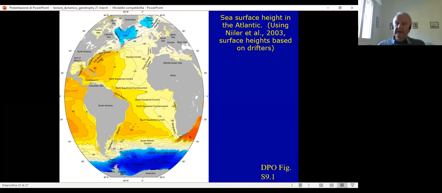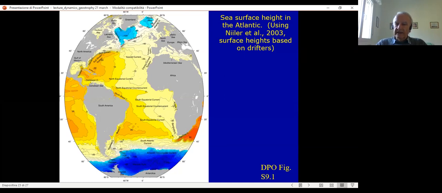How do you do that? Again, from the geostrophic ocean. Here are the results of the surface height reconstructed from the surface current measurements. How do we get enough surface current measurements in order to obtain such a good reconstruction of the sea surface height? By drifters. What are the drifters? We'll be talking about drifters much more later on.